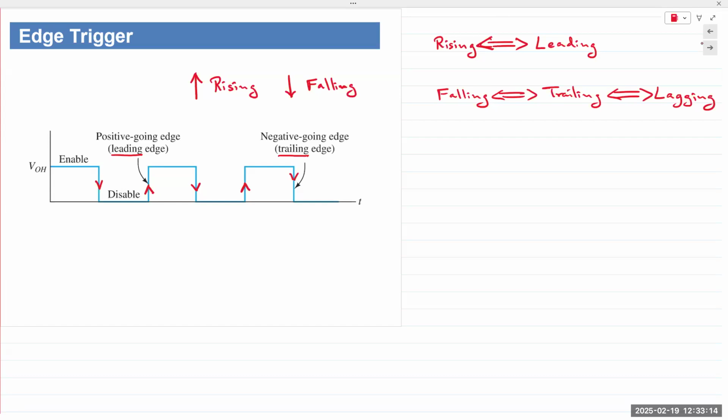These are all words that you may come across. But rising edge indicates a positive going transition, meaning going from a lower value to a higher value, and negative edge or falling edge would be going from a higher value to a lower value. So when it transitions, there is no ambiguity on how long a signal is on or off, right? It's transitioning. And hence it's known as an edge triggered circuit or an edge triggered flip-flop circuit.